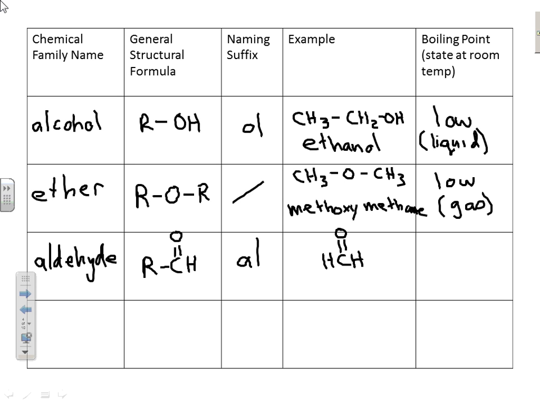So H is on either side. It has one carbon in it, and its ending is al. What do you think that is called? One carbon in it, and its ending is al. Isaac, what do you think? Methanal, right? Different than methanol, it's methanal.